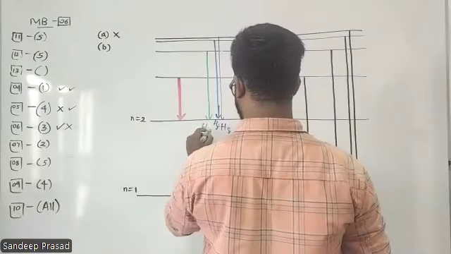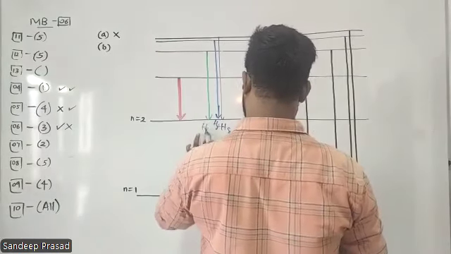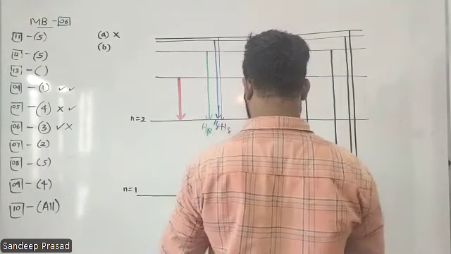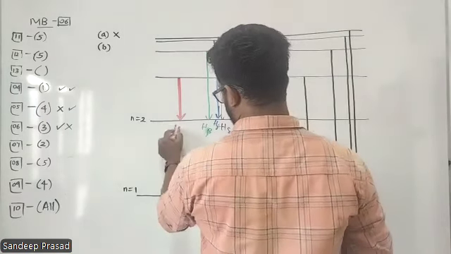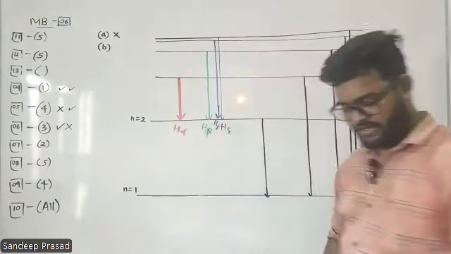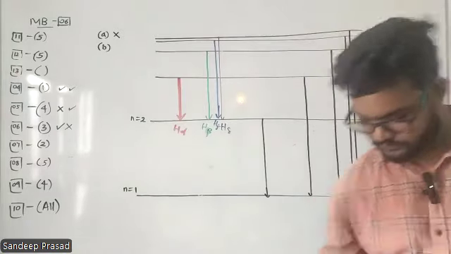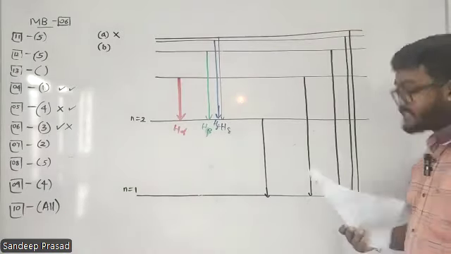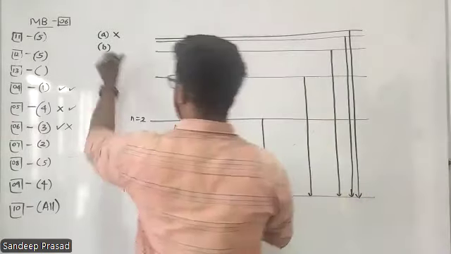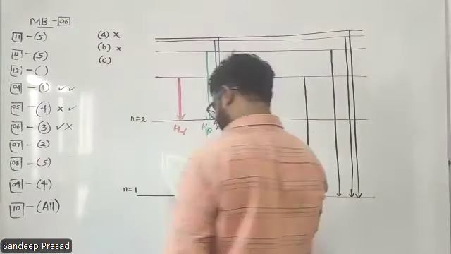So they are talking about the green color line. The green color line means n equals 4 to n equals 2. So that's wrong. We can't accept this one. The second statement is also wrong. So let's go for statement C.